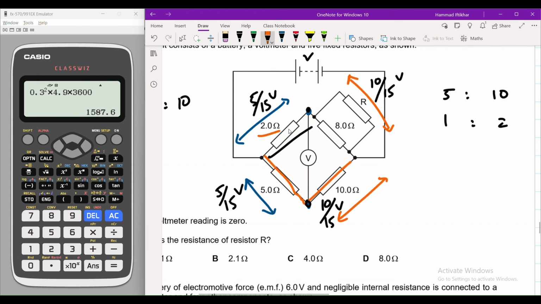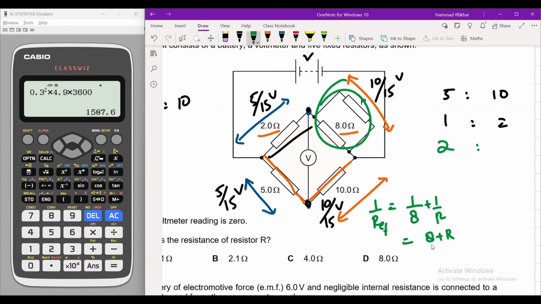So now coming on to this, 2 ratio 1 over 8 plus 1 over r for this combination, that will be equal to 8 plus r divided by 8r, right? So 1 over r effective, so r effective will be 8r over 8 plus r.